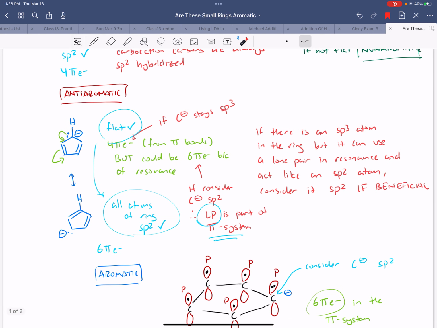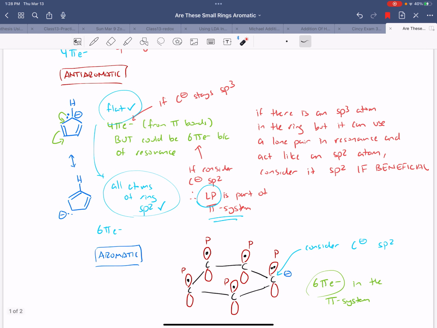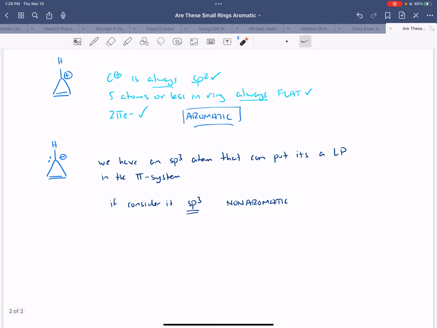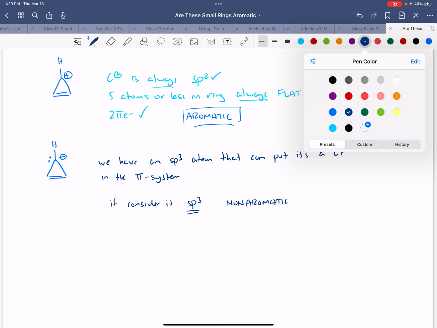But we realized if that lone pair is part of the pi system, we have 6 pi electrons, and we have this picture, the molecule is truly aromatic. And it's true. That molecule has very good stability. Let's take a look at this one. So that's if the atom is sp3.